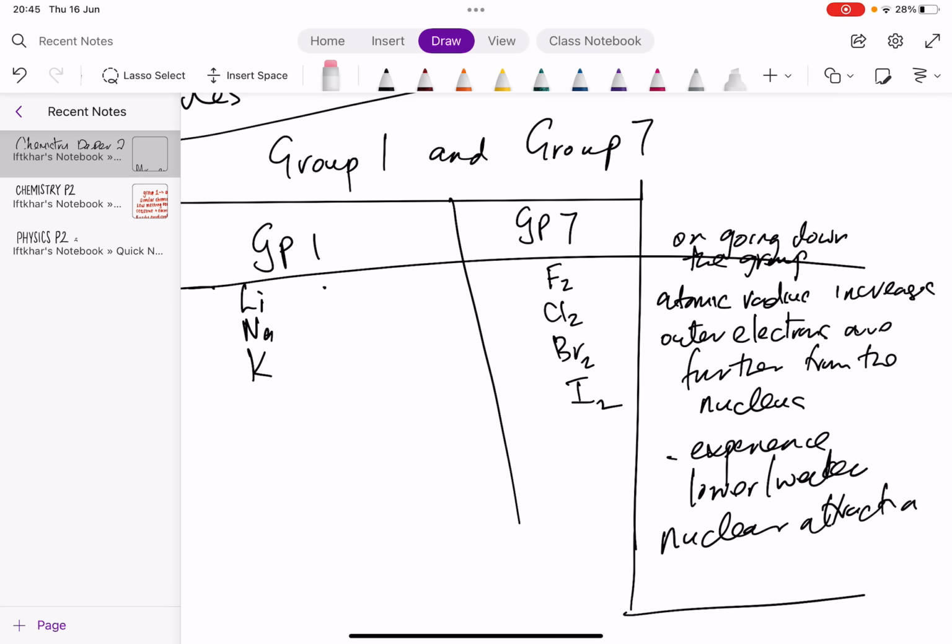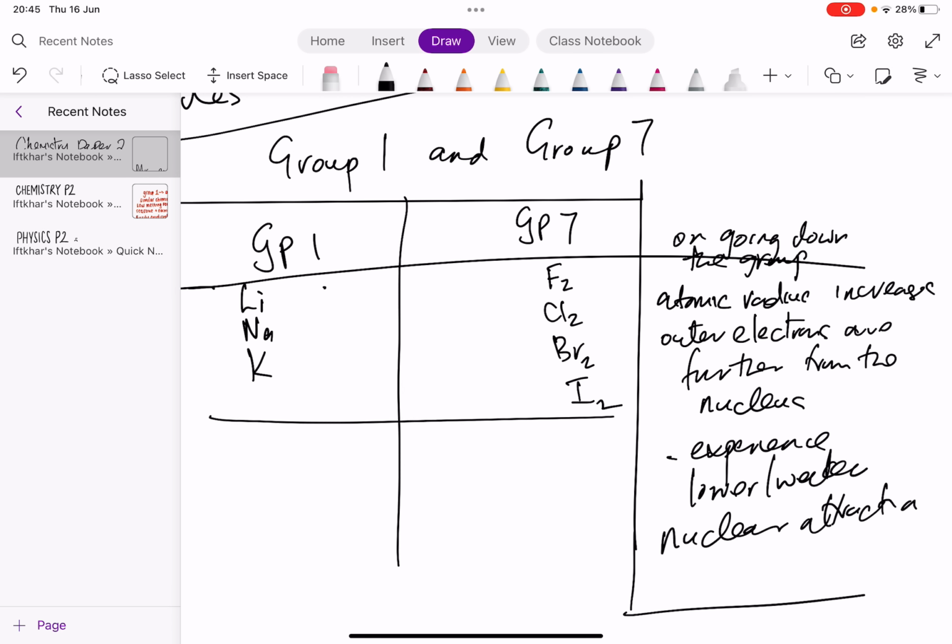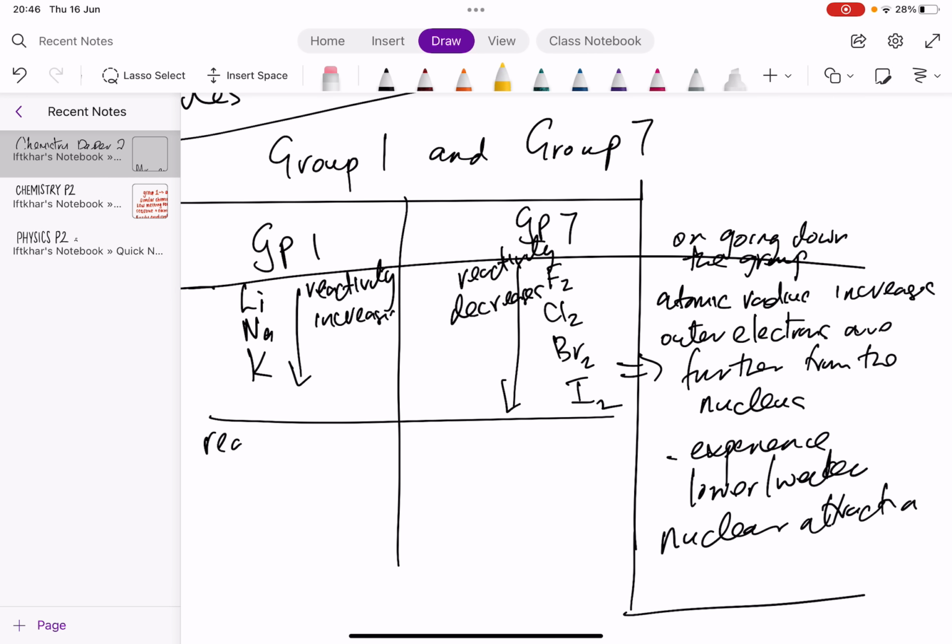What that means, and what's significant, is that the reactivity of group 1 metals increases as you go down the group. The reactivity of group 7 decreases as you go down. But the reasoning is exactly the same.